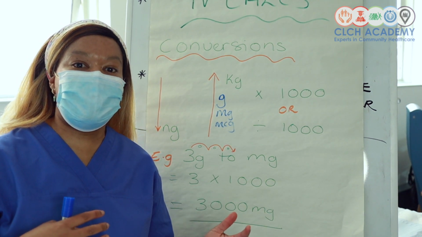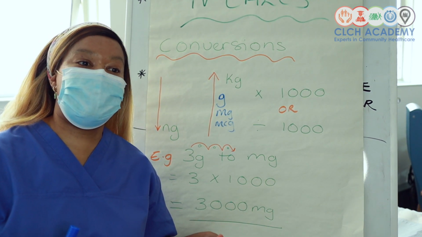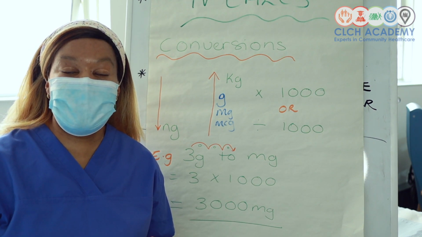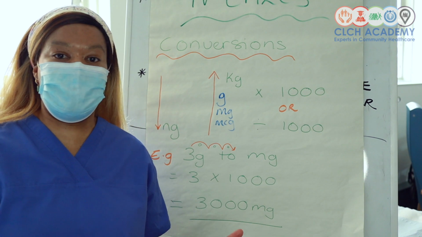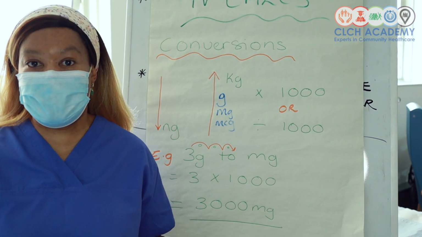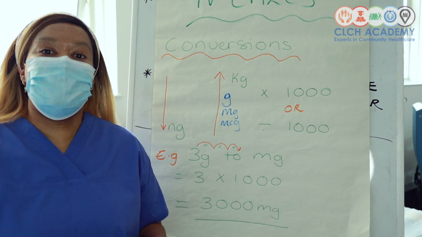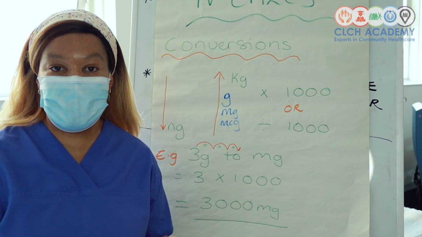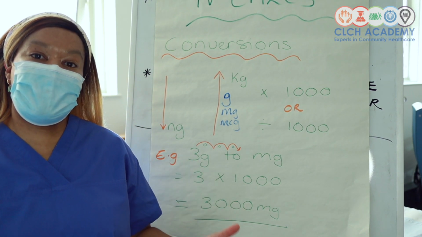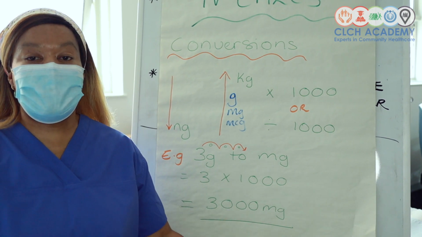So think of converting 0.75 milligrams to micrograms. For that one, specifically, what you would be doing is multiplying by 1,000. So 0.75 times 1,000 would give you 750 micrograms. Next, converting 500 milligrams to grams, making it bigger.